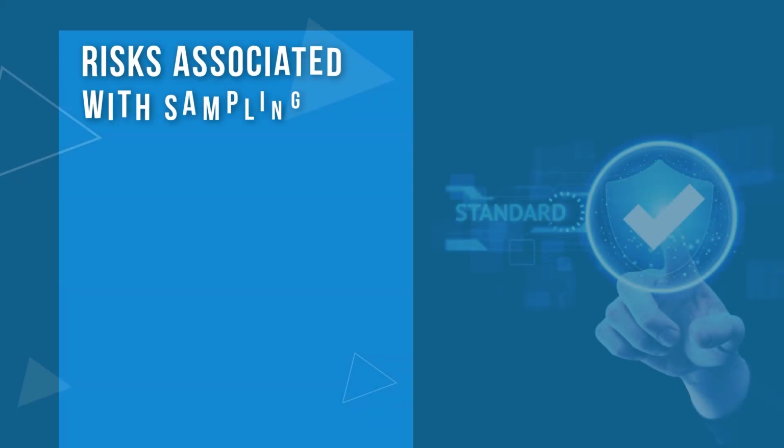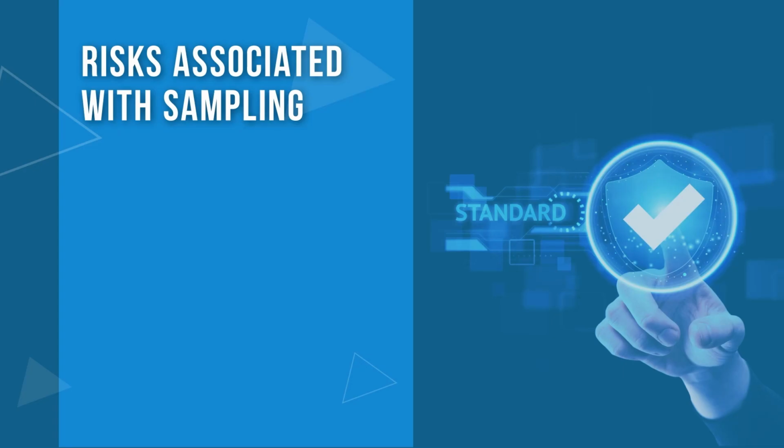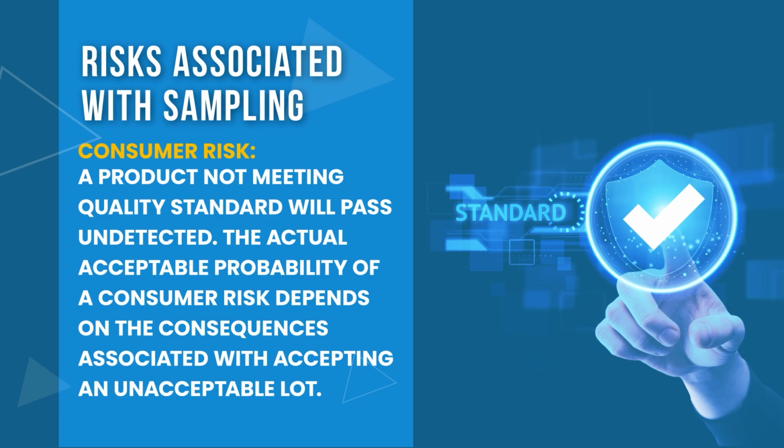Now let us talk about risk associated with sampling. There are 2 kinds of risk. One is called consumer risk, and the other one is called vendor risk. Now what is a consumer risk? The actual acceptable probability of a consumer risk depends on the consequences. Now what are the consequences? Suppose we have accepted an unacceptable lot.